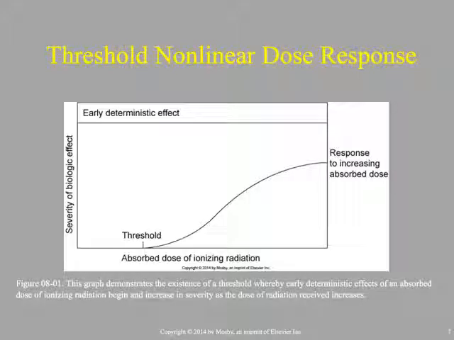So that is a threshold nonlinear dose response. And all of these early deterministic effects of radiation are pretty much modeled by this graphic. Okay? All of these early deterministic effects are threshold nonlinear dose responses.